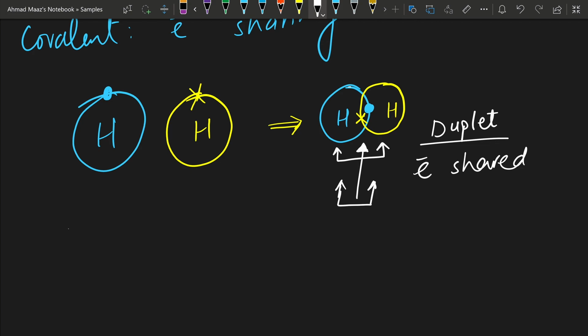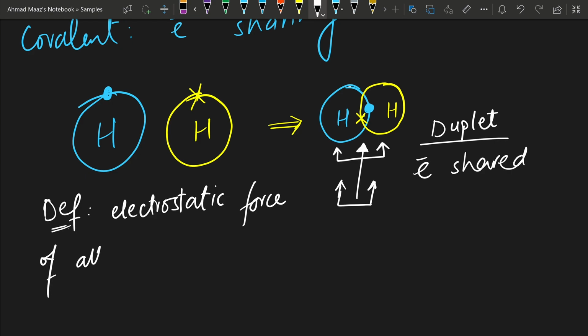So the definition of covalent bonding is that you must say it is an electrostatic force of attraction between nuclei and electrons in the overlapped region.